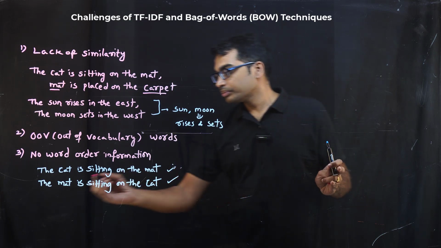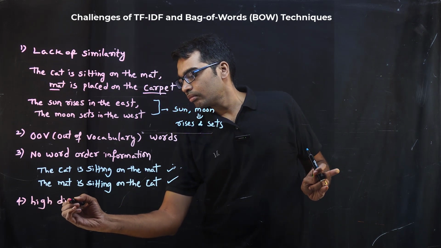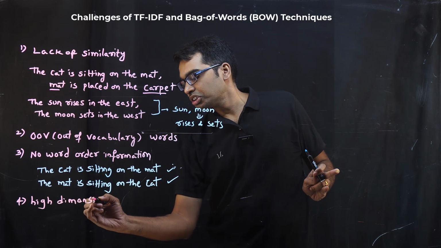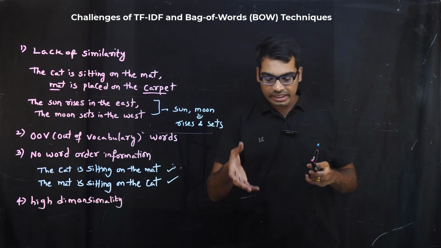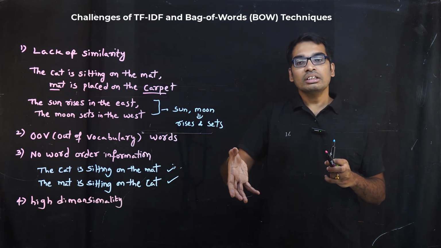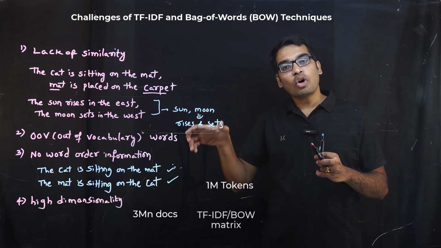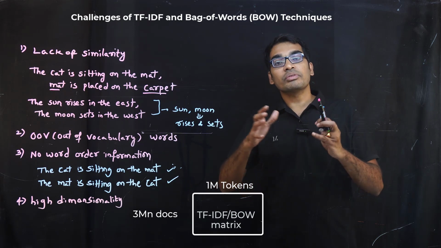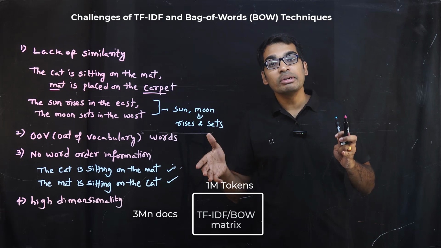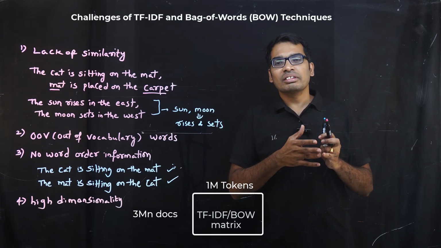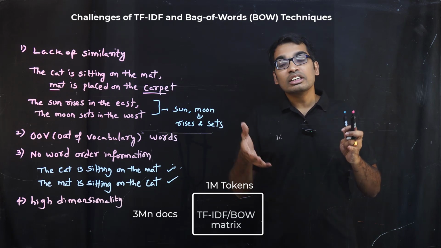And the fourth one is high dimensionality. Let's say you have a vocabulary from the training data of 1 million tokens, and you have 3 million documents. Then 3 million by 1 million is your data size. When you are building any application on that, it is really computationally expensive, whether in terms of memory or time.